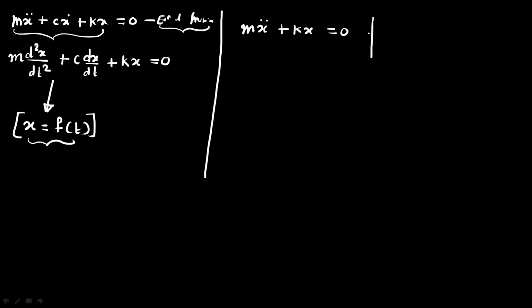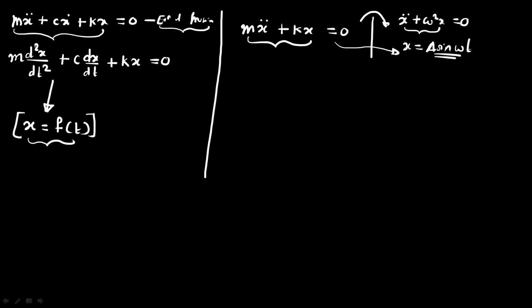By using the equation of harmonic motion, we have directly used its solution, because this equation is similar to the harmonic motion equation, x double dot plus omega square x equal to 0. And for the harmonic motion, we know the value of x is a sine omega t. Therefore, we say that this equation will also have a similar solution.